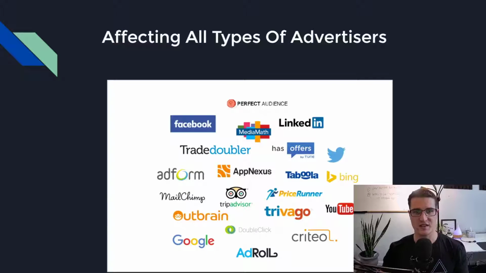I just want to take a second to say that even though we specialize in Facebook ads and this video is more tailored for anyone doing Facebook ads, these changes with iOS 14 are actually affecting all types of advertisers. It doesn't matter if you're doing Google ads, YouTube ads, LinkedIn ads, Twitter ads, everyone is getting affected by this.